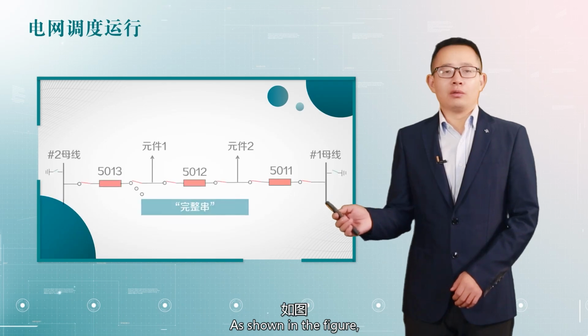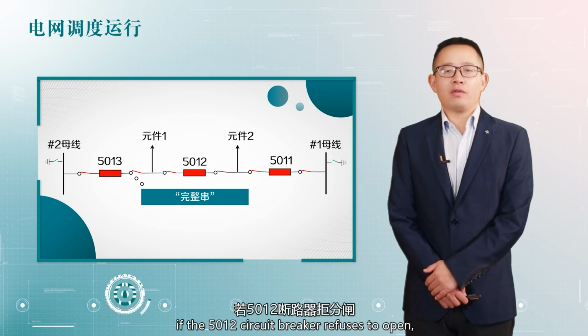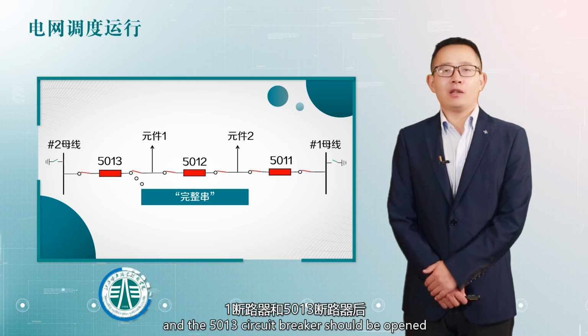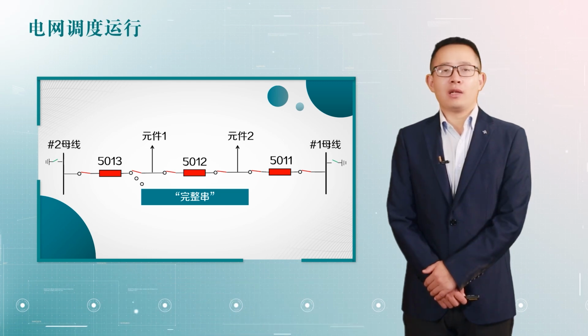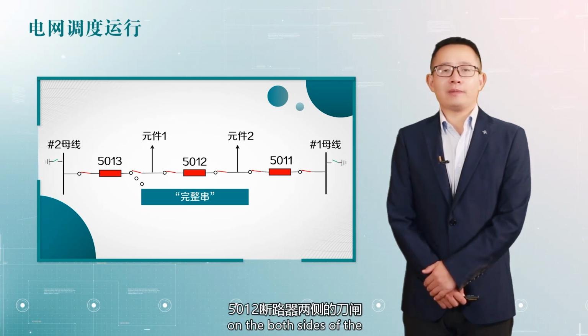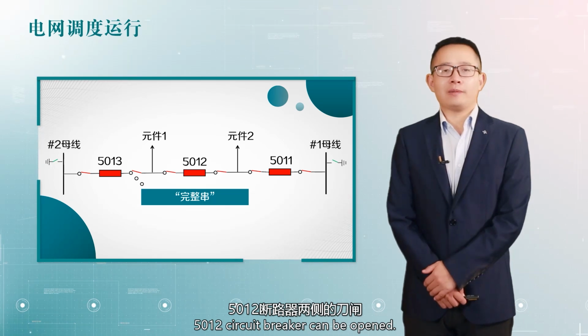As shown in the figure, if the 5012 circuit breaker refuses to open, the 5011 circuit breaker and the 5013 circuit breaker should be opened before the knife switches on both sides of the 5012 circuit breaker can be opened.